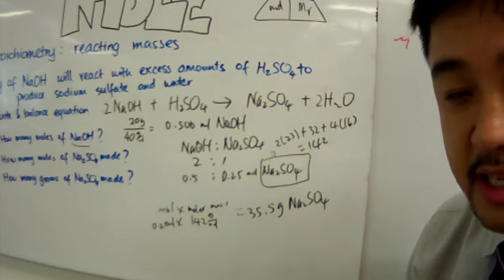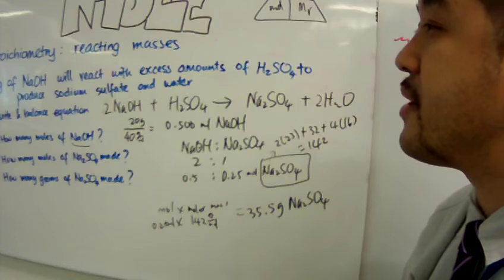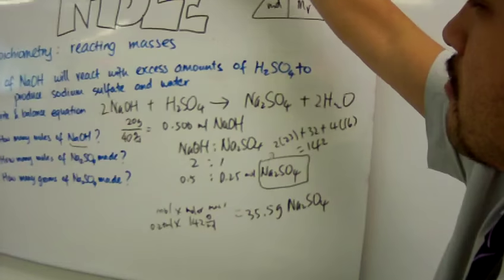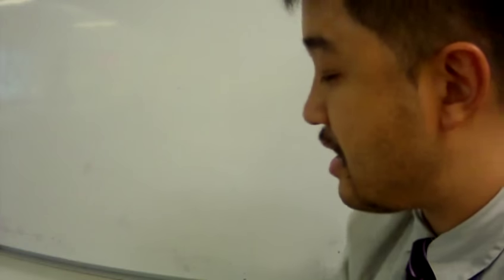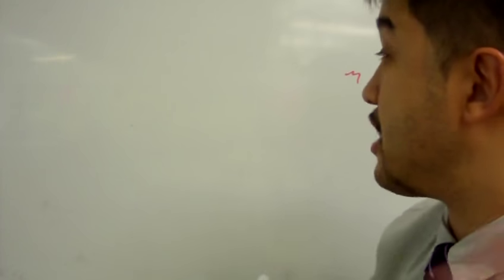So, to really summarize this whole learning relationship of stoichiometric reacting masses, we can think of it conceptually by using a concept map.